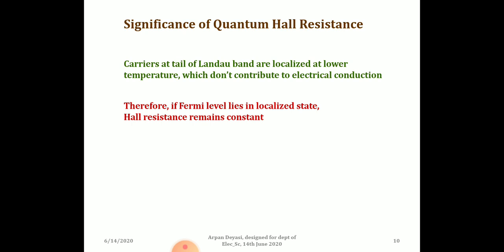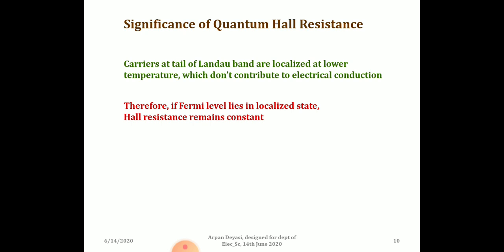And when the carriers are localized, when they don't want to move, naturally you have to lower the kinetic energy of the carriers. And how could you lower the kinetic energy of the carriers? You have to lower the temperature. And also from the graph you will find that distinct peaks are observed if your magnetic field is high. So now recall your definition, that both lower temperature and higher magnetic field are required to get the quantum Hall resistance, which is a constant quantity, and that's the reason behind it.